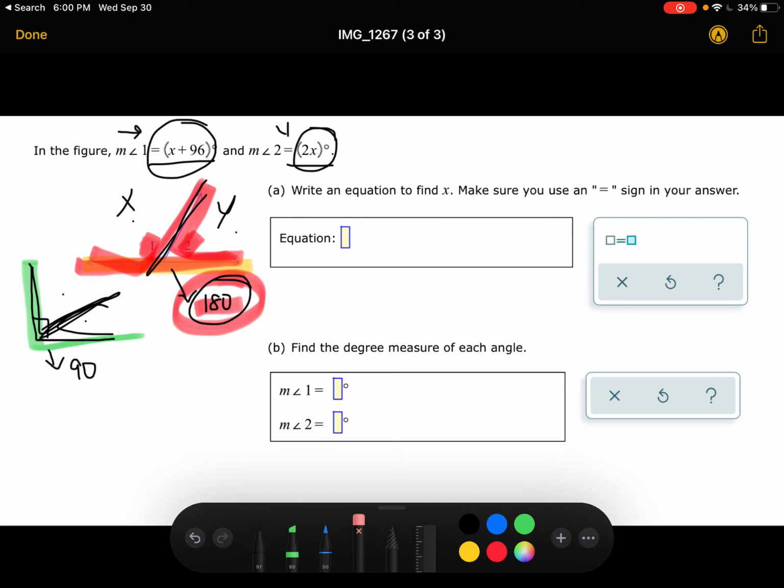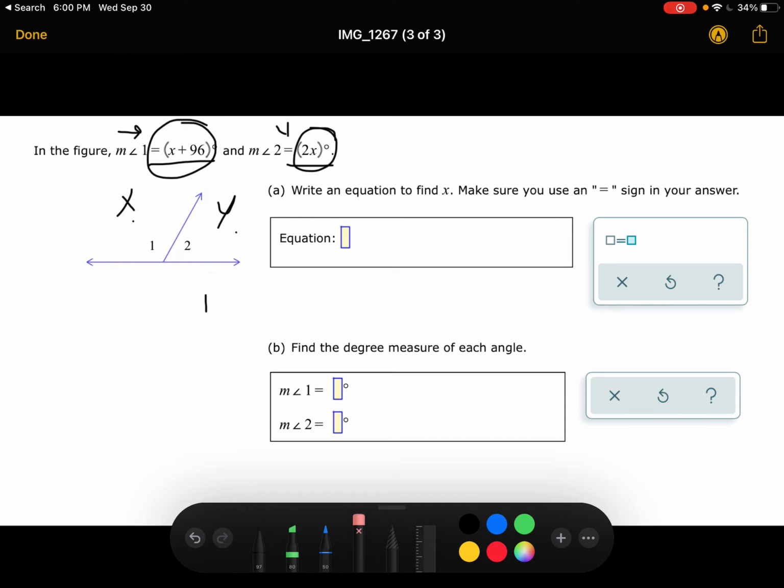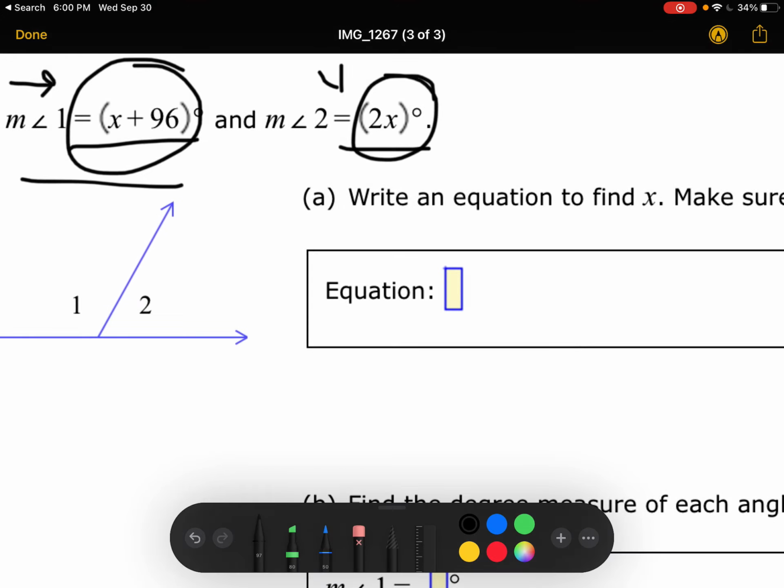Anyway, what we're going to do now, I'm going to erase this, is take that concept I just explained and put it into an equation. Like we said, the measure of angle 1 is x plus 96, and the measure of angle 2 is 2x.